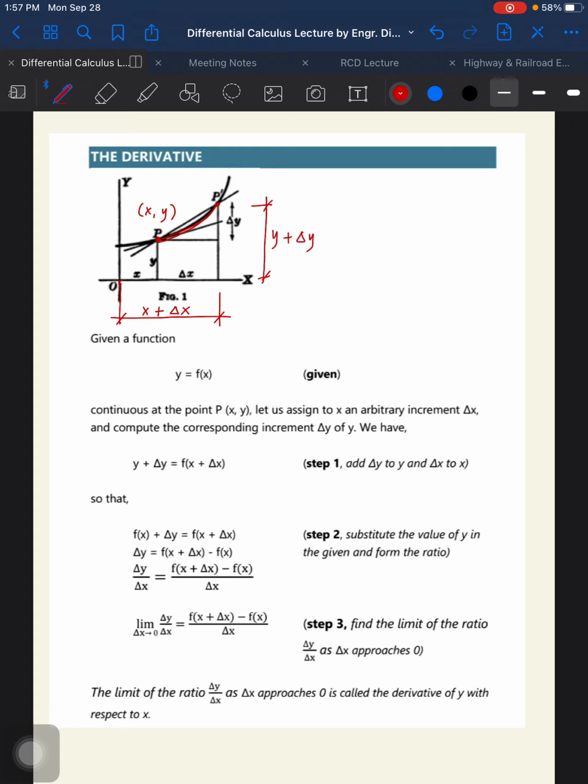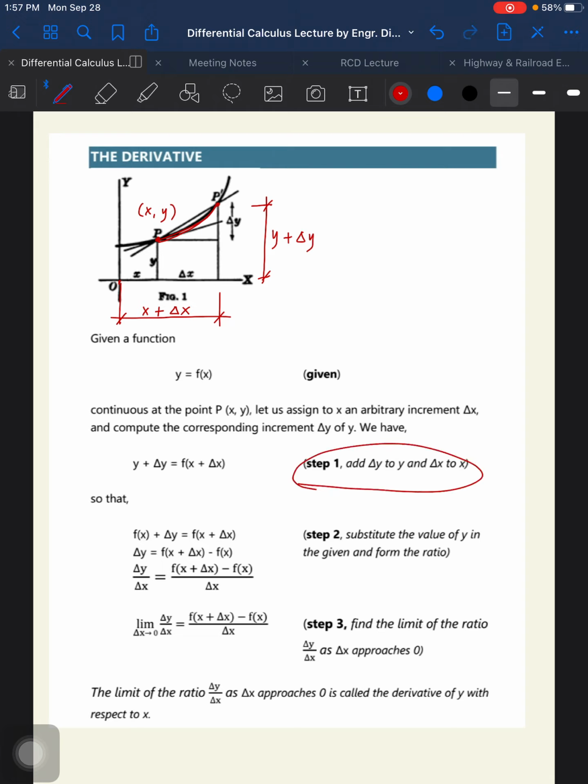So, looking for the slope of the curve or the derivative of the curve, we have 3 steps. And yes, we are discussing here now the 3-step rule. Step 1, step 2, and step 3. What we just discussed a while ago is your step 1.